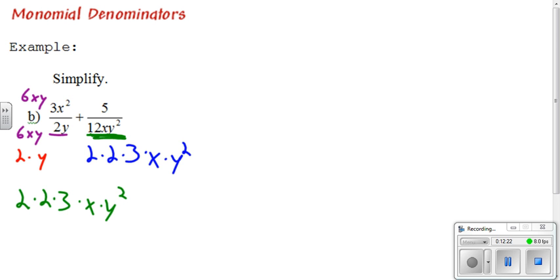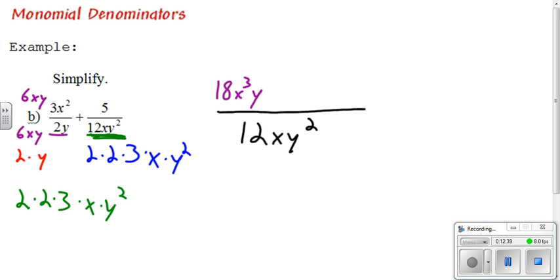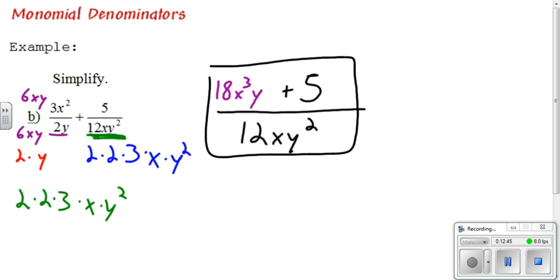So we're going to write this out as 12xy squared on bottom. 6 times 3 becomes 18. There's already an x squared, so when we times x, it becomes x cubed, and times our y, and still plus 5. So in the end, this is now our simplified rational expression.